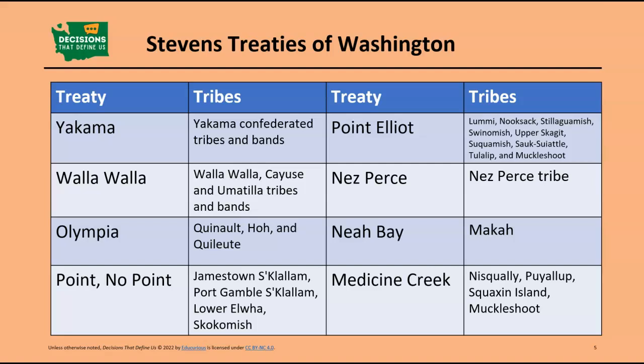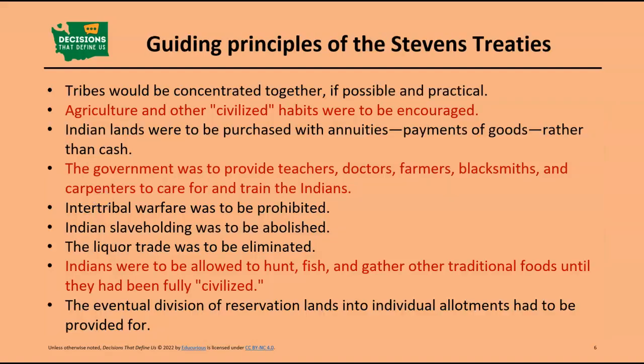But each one of these treaties have some things in common. Okay? And these are fairly common for treaties all across the U.S., but they're specifically common when we're talking about Washington State. Okay? So part of what he wants to do, he wants to free up as much land as possible. And he wants to make sure that there's not a bunch of little bitty spots where they can't go.